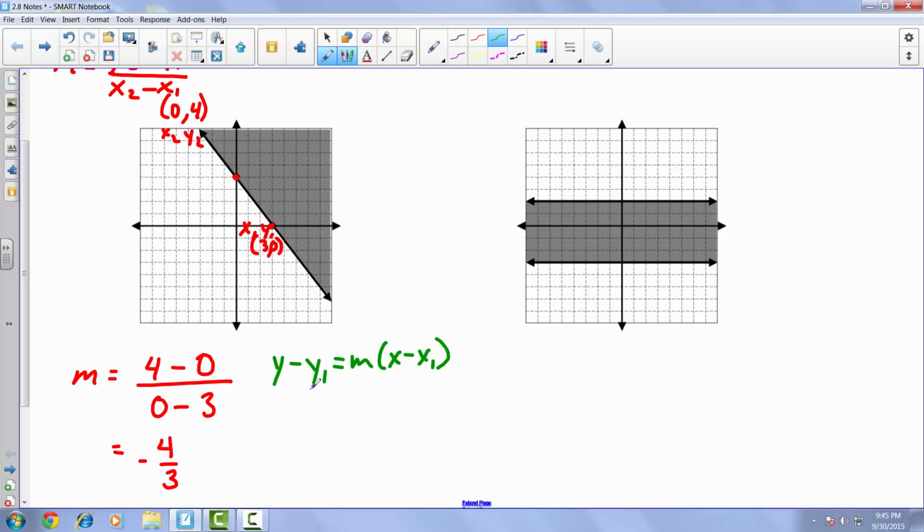Throwing in our x1 and y1, we end up with y minus 0 is equal to negative 4/3 times x minus 3. So then this will come out to be y on the left side is equal to negative 4/3 x, and when we distribute that in, we end up with a positive 4.